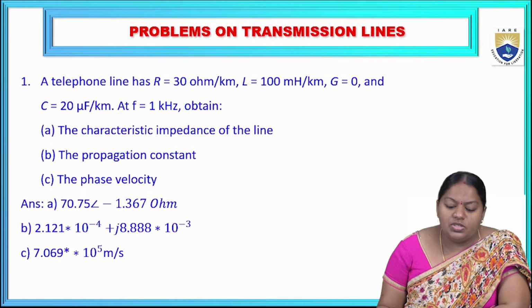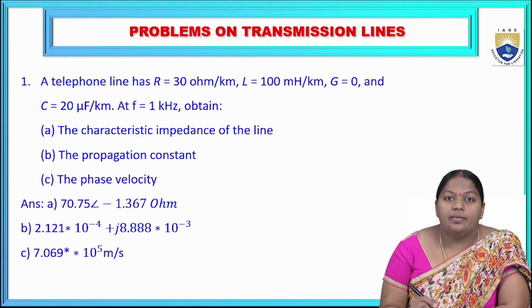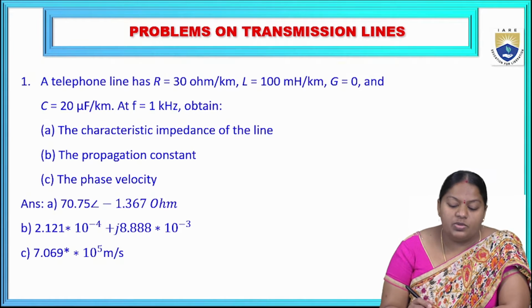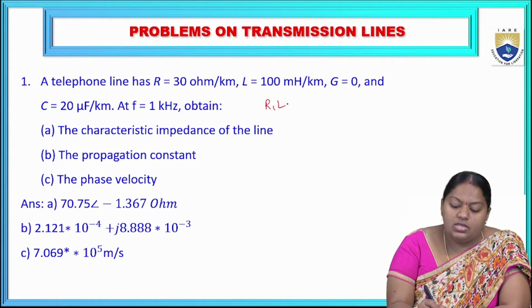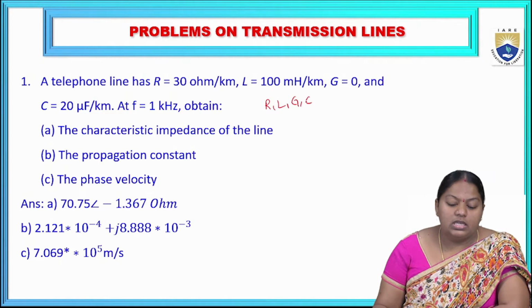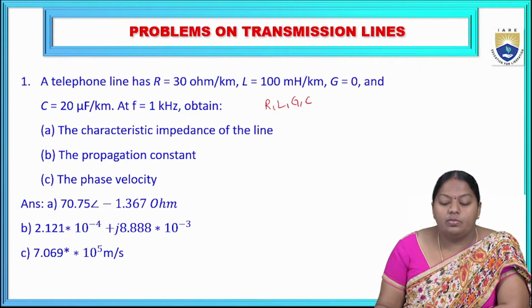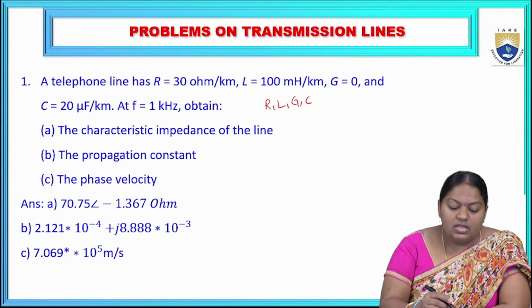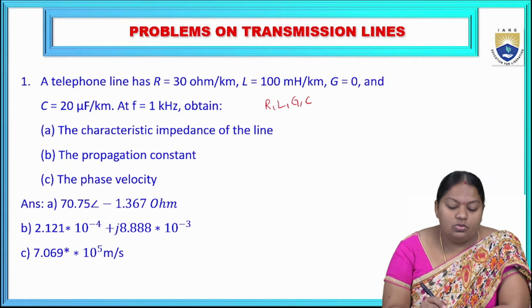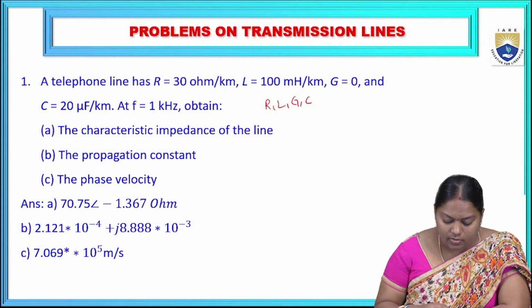These are the primary parameters of the transmission line, R, L, G, C, and the signal frequency f equal to 1 kilohertz is given.